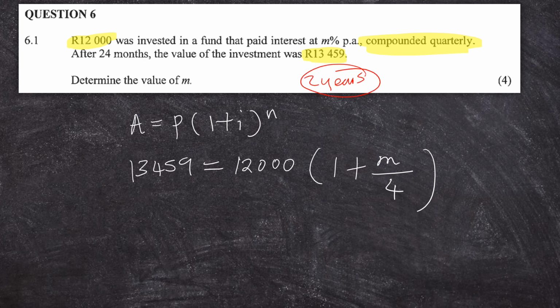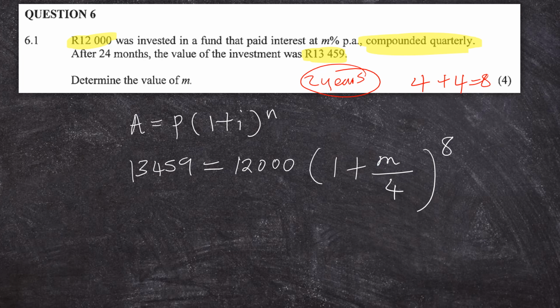And in 2 years, how many quarters do we have? In 1 year, we only have 4 quarters. In 2 years, we'll actually have 4 plus 4, which is 8 quarters, right? Or someone can choose to say, okay, it's 2 years multiplied by the compounding period, which is 4, which is going to give you 8.